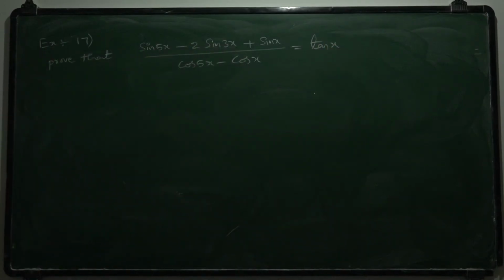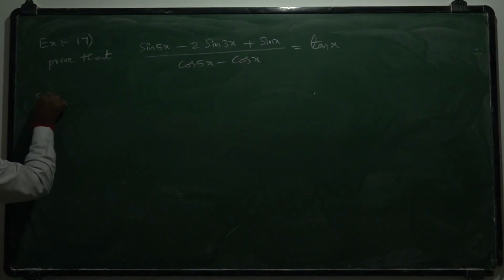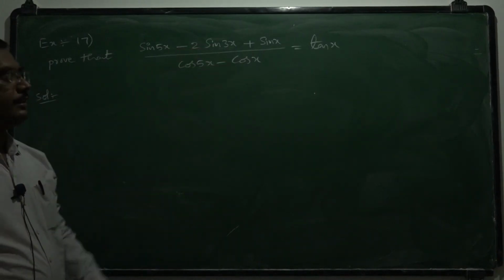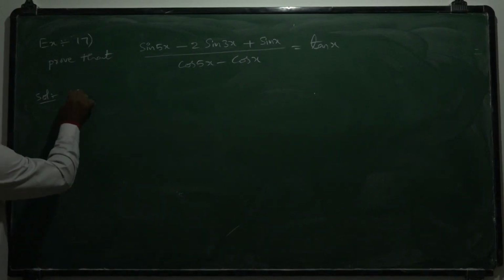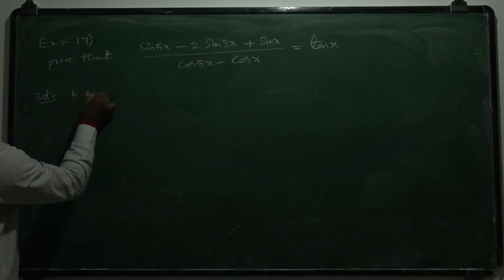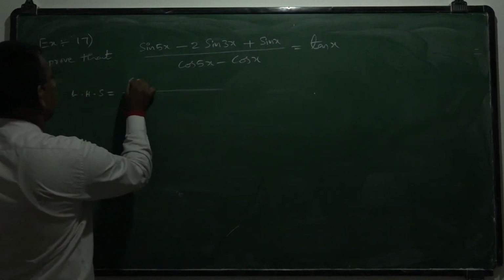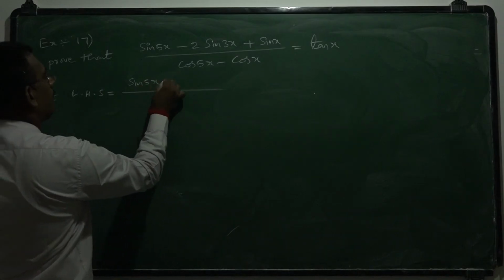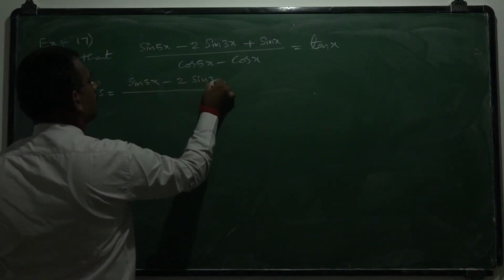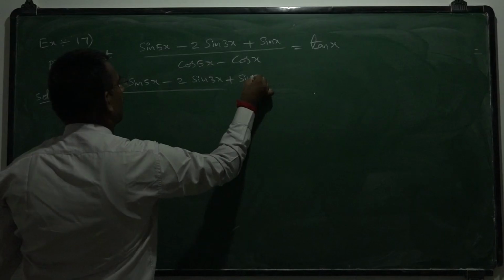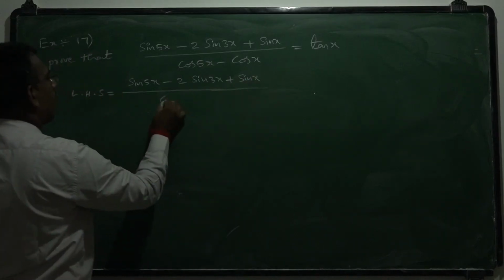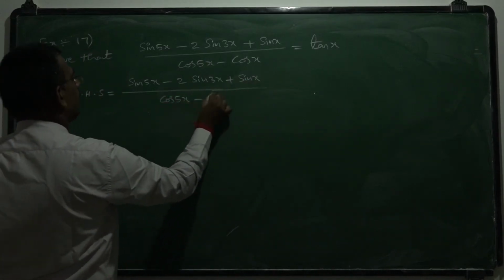First take LHS and prove that LHS is equal to RHS. LHS is equal to sin 5x minus 2 sin 3x plus sin x divided by cos 5x minus cos x.